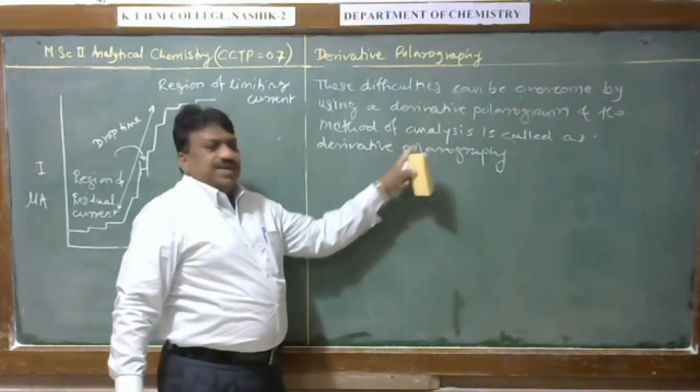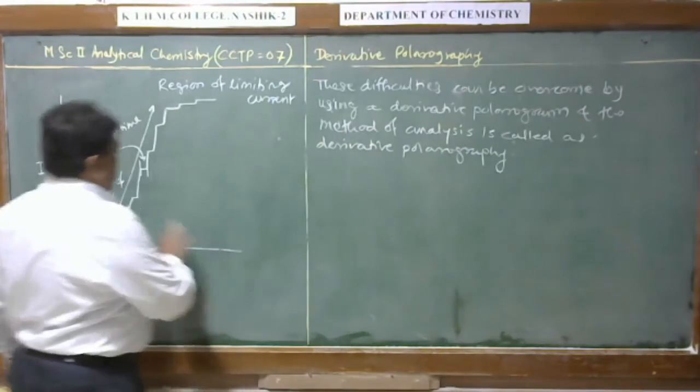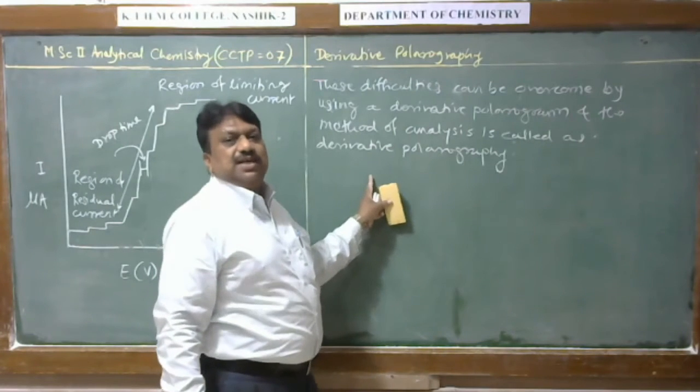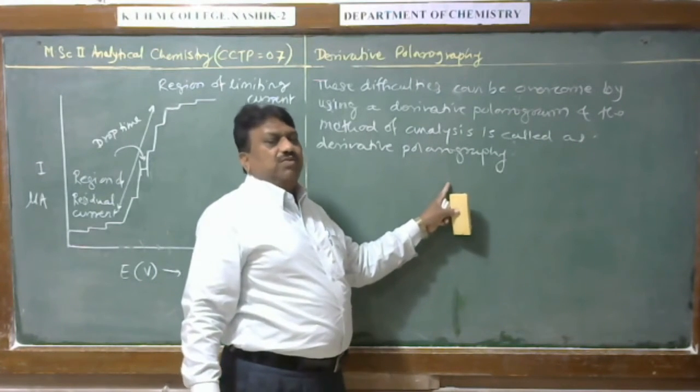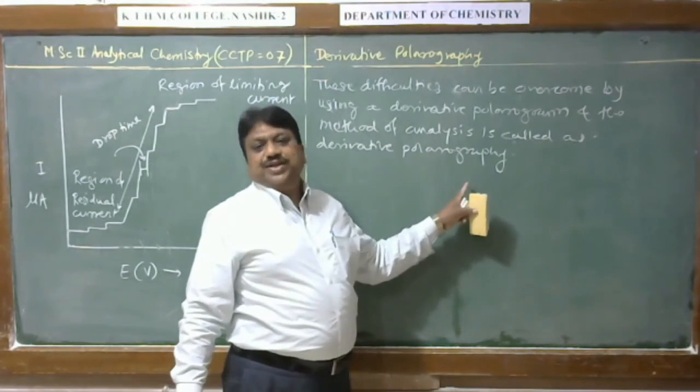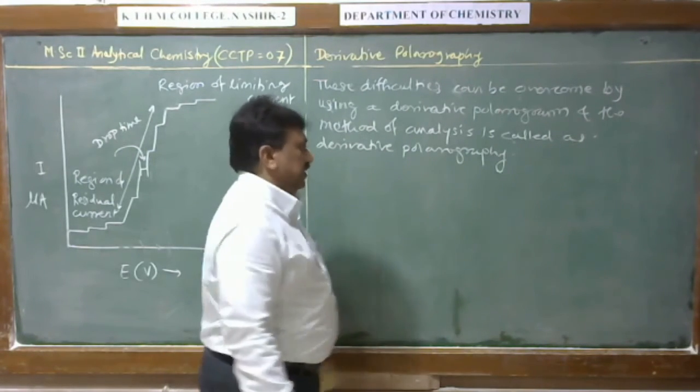A derivative polarogram is obtained by using this polarogram so that we can easily determine the cathodic current required for reduction of the analyte and the half-wave potential of that analyte species.